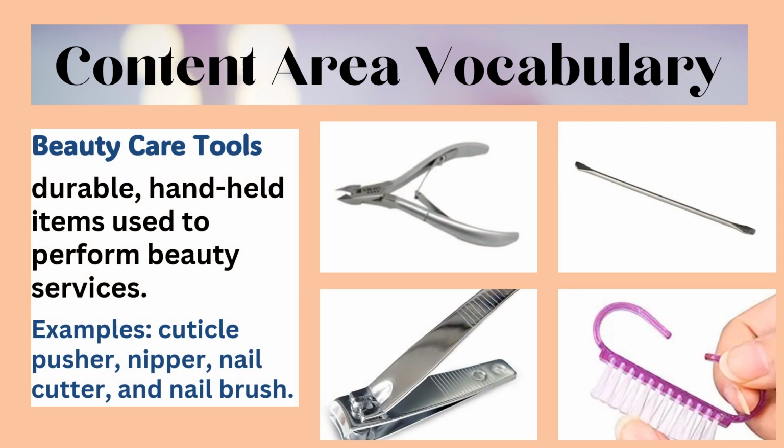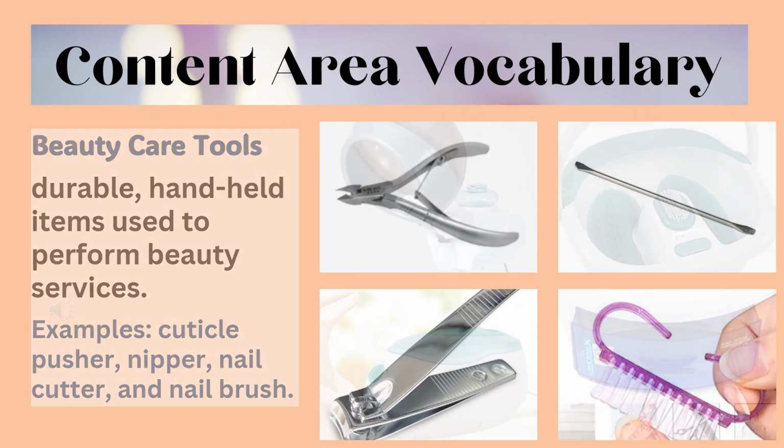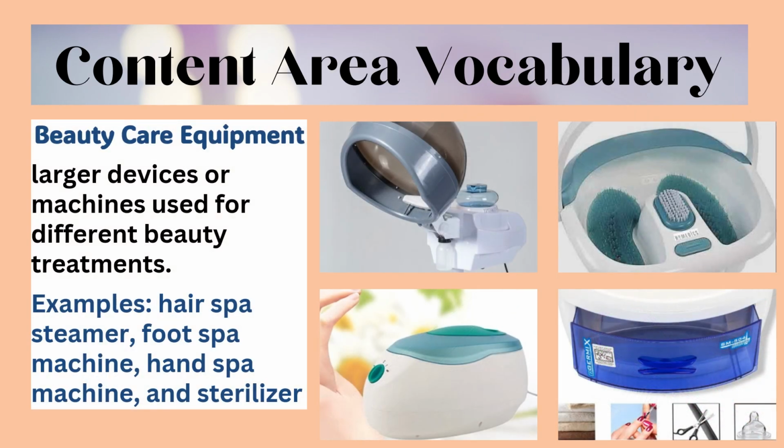Beauty care tools: durable, handheld items used to perform beauty services. Examples: cuticle pusher, nipper, nail cutter, and nail brush. Beauty care equipment: larger devices or machines used for different beauty treatments. Examples: hair spa steamer, foot spa machine, hand spa machine, and sterilizer.